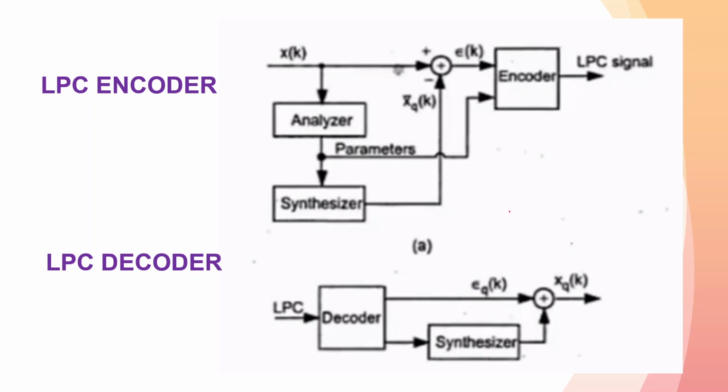The LPC encoder block diagram and decoder block diagram are represented here. This is your LPC encoder, the transmitter. I am writing this as x of k. This is my speech signal. I have a speech analyzer block, a speech synthesizer block and an encoder block.